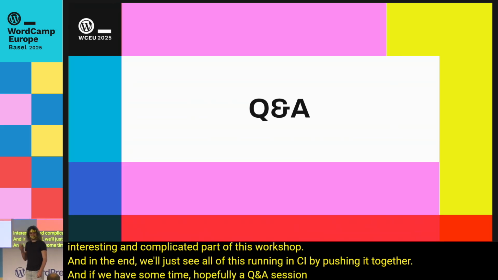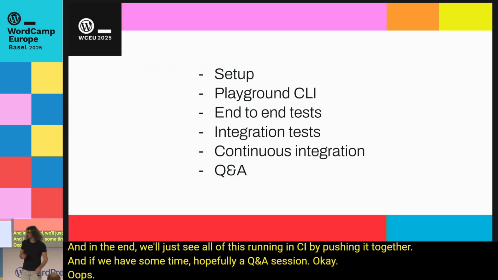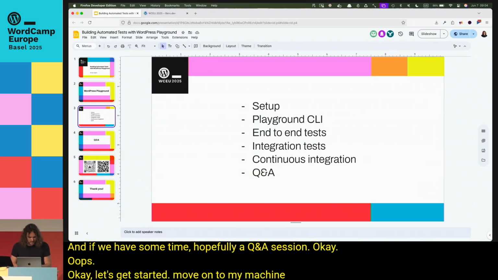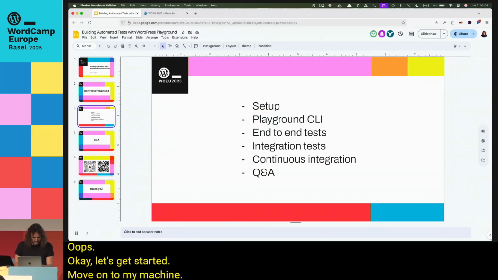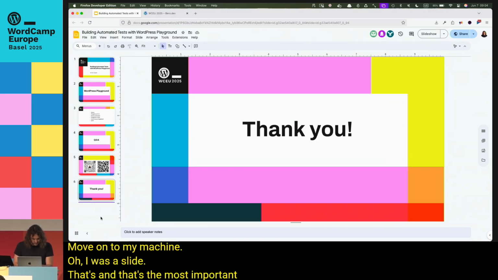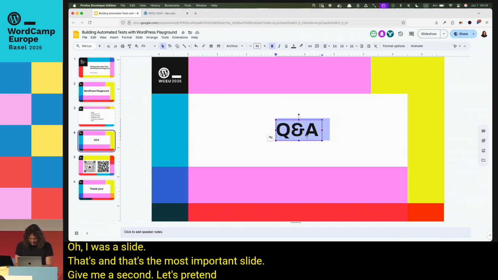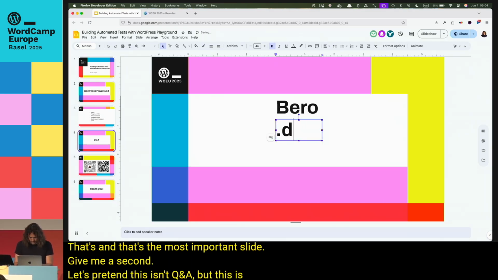OK, let's get started. I'll move on to my machine. Oh, I lost a slide. That's the most important slide. Give me a sec. Let's pretend this isn't Q&A, but this is Bero.dev.